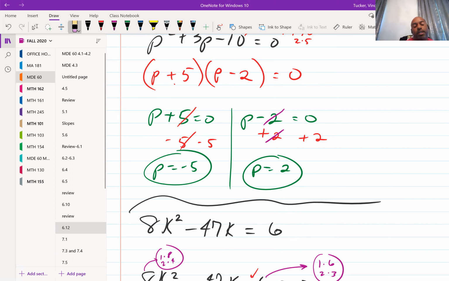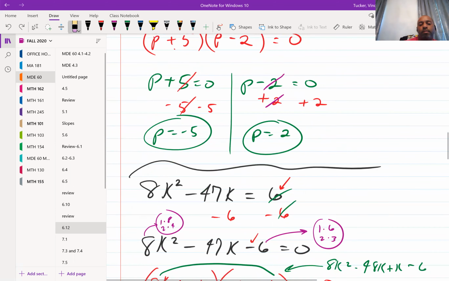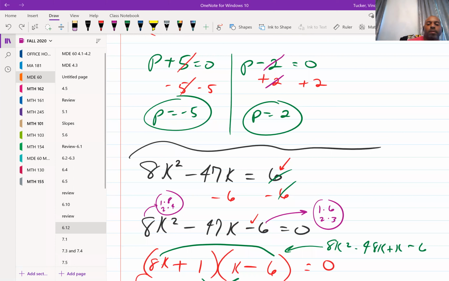So here the first thing we have to notice is that we don't have one side equal to 0. We have 6 on one side. So we want to set one side equal to 0 by subtracting 6 from both sides. And that puts us, whoa, my eraser's still on.